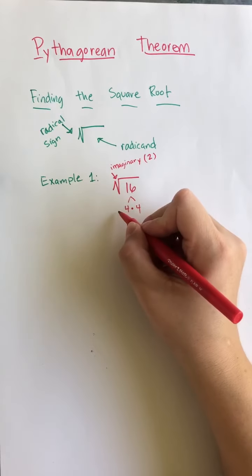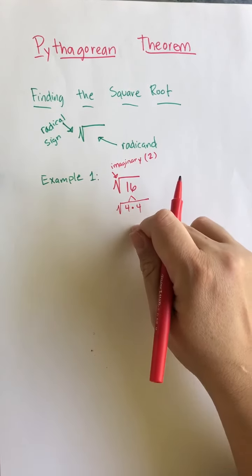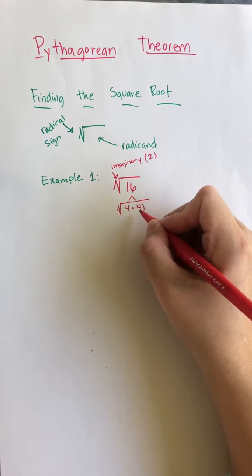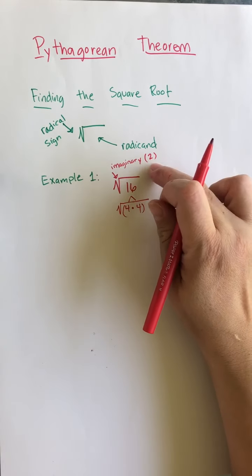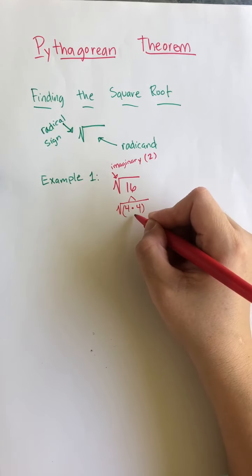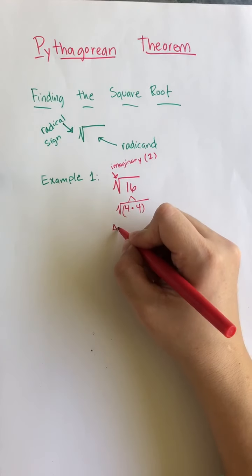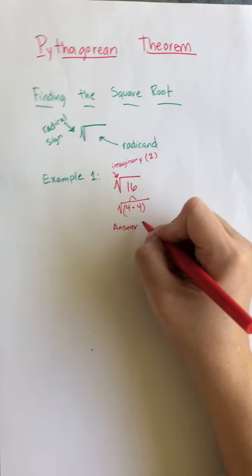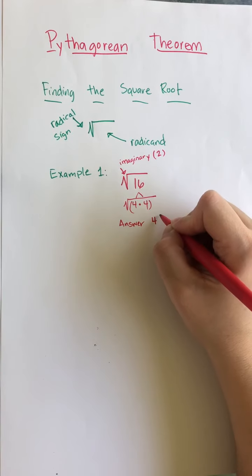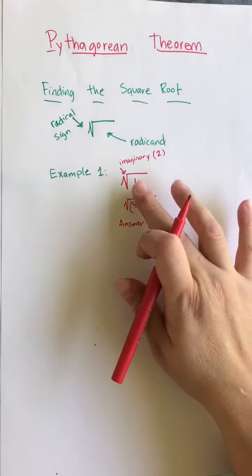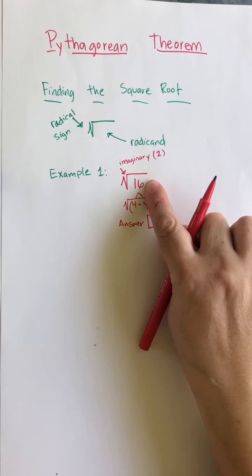Okay, so if I leave this in the square root, that means I now take out the pair because of this imaginary 2. So I take out the pair, and my answer would end up being 4. Okay, so here's my answer to that once I've broken down the square root of 16.